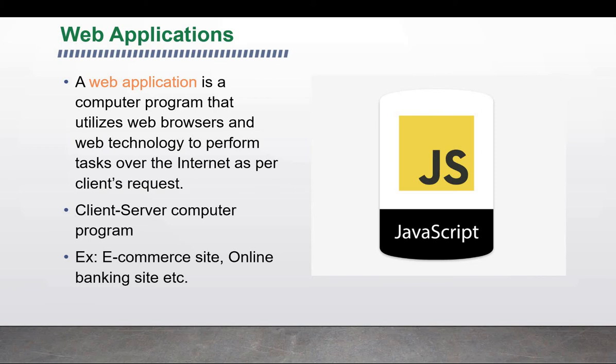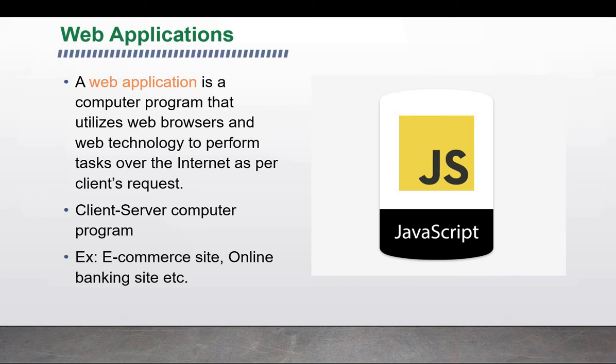It should be installed somewhere. That machine is called the server side. And from another machine, a user requests anything from that specific application. That's the client side, the client machine. So a complete web application is based on client server computer programming.